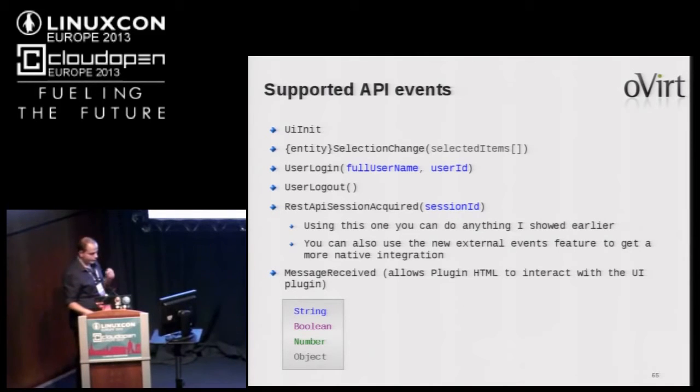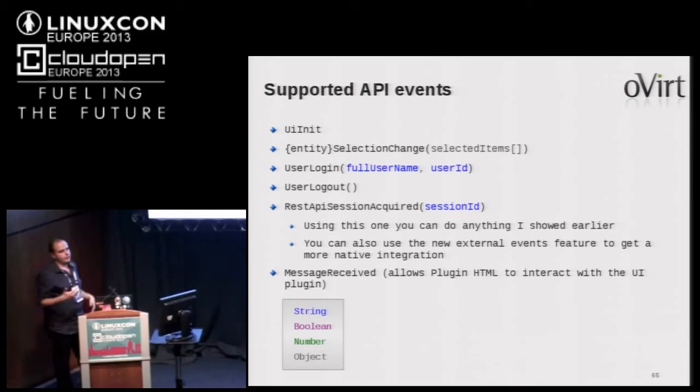Two other events that are useful in this scope are the REST API session acquired. That's basically the way the UI plugin API gives you to do operations on the engine.